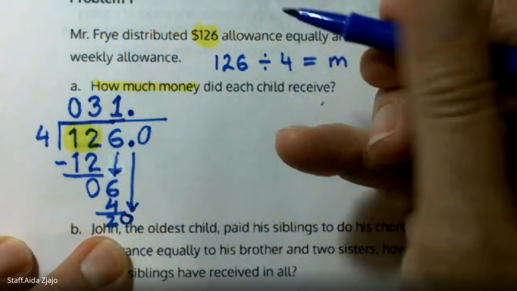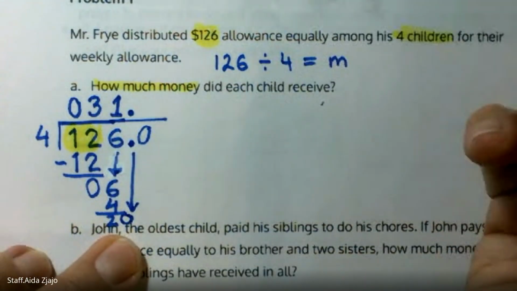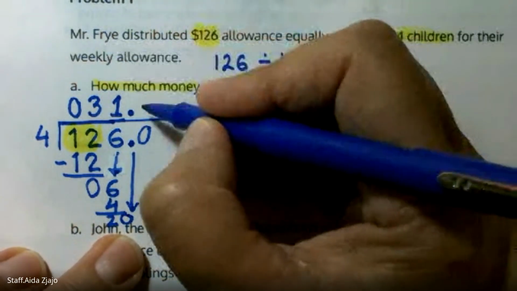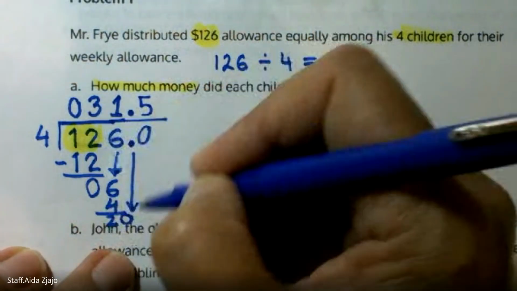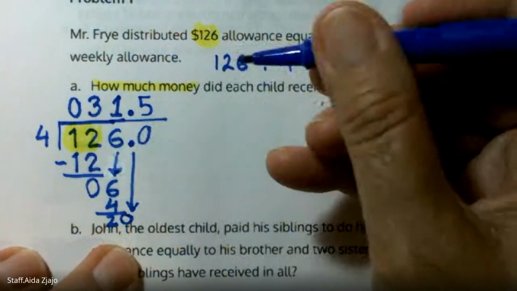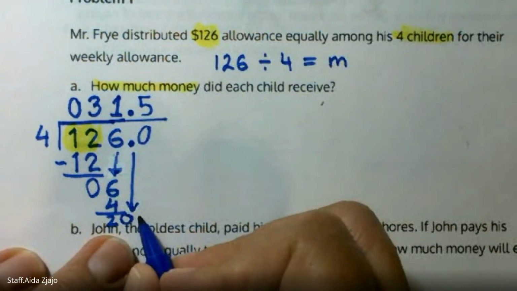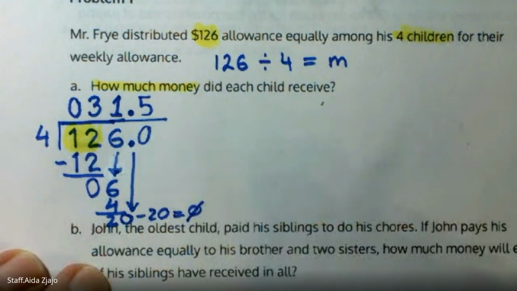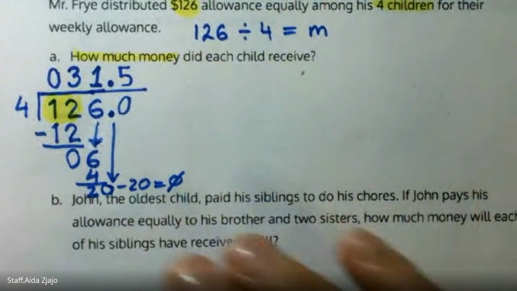So instead of $2, he will have 20 dimes, 20 tenths. And 5 times 4 is 20. He can give $0.50 to each child. And 20 minus 20 is 0, so he won't have anything left.